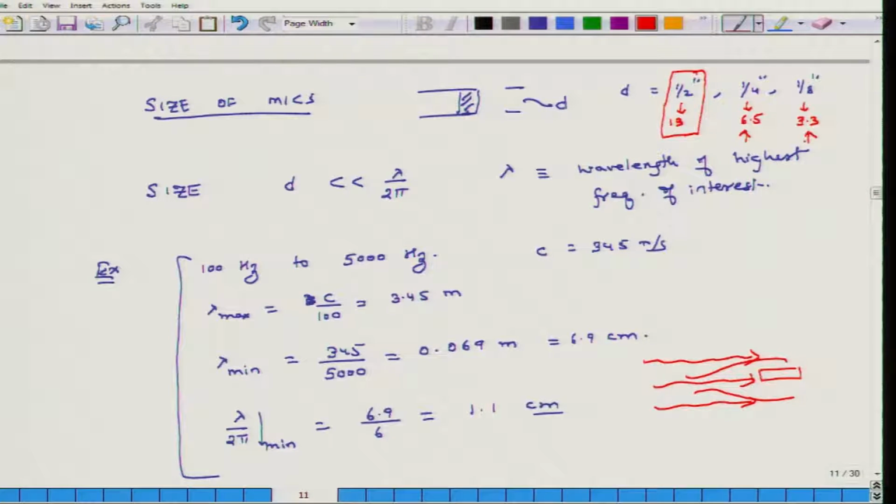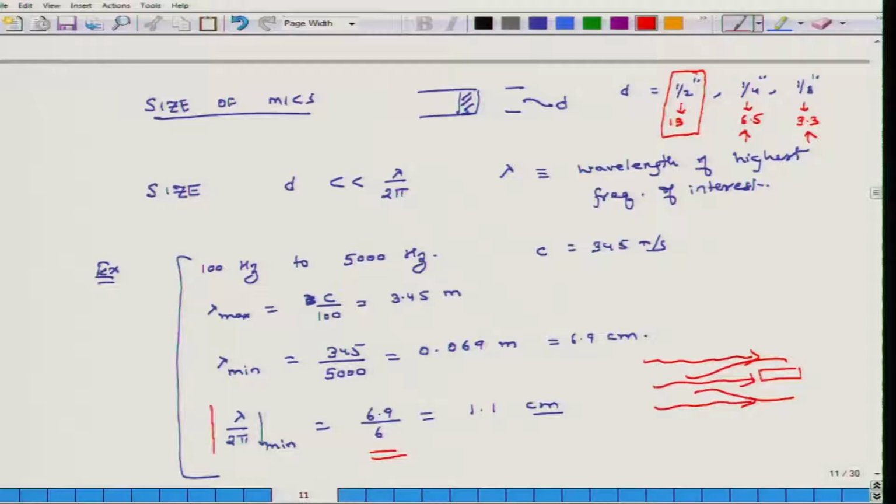If I use this microphone, the sound field will get disturbed the least amount. So, we have to make sure that the size of the microphone does not disturb the overall sound field, and that will happen when this parameter lambda over 2 pi, its minimum value, exceeds the size of the microphone. So, that is important to understand.